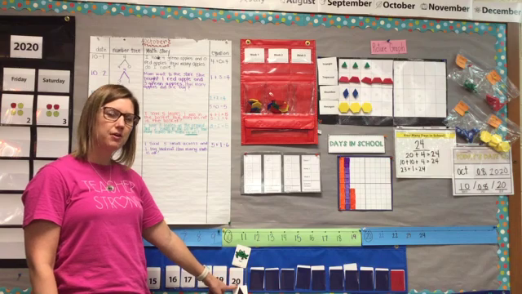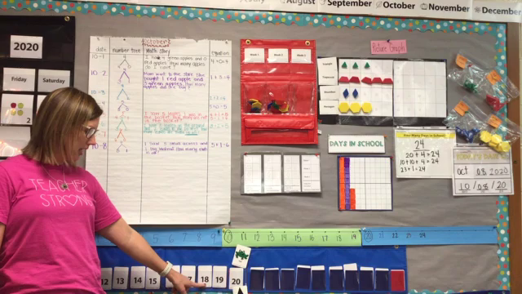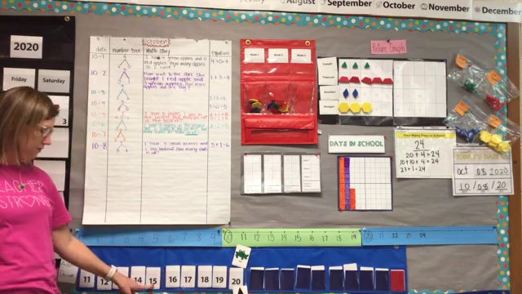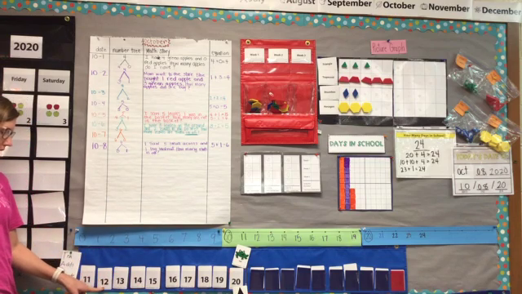Okay, let's count those backwards now. 20, 19, 18, 17, 16, 15, 14, 13, 12, 11.